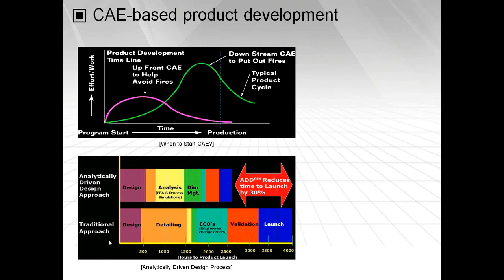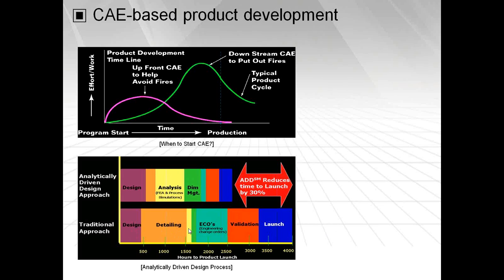Now you have the comparison of an analytically driven design approach and a traditional approach. In the first approach you have FEA and process simulation, which is very important inside the process, and this is the traditional approach.